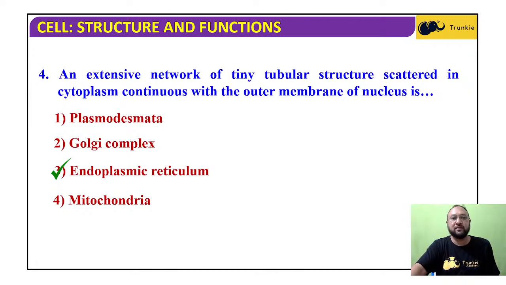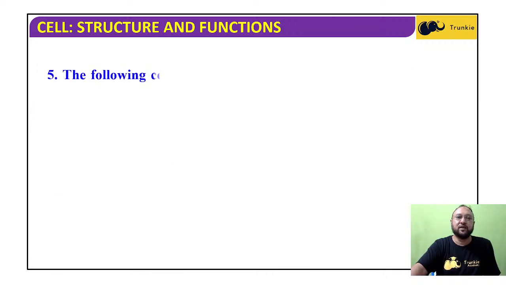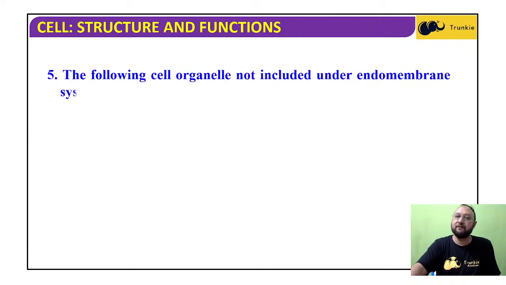So wherever you observe the diagram or the picture of the cell, you'll find that endoplasmic reticulum is attached near the nucleus. It is continuous with the outer membrane of the nucleus.